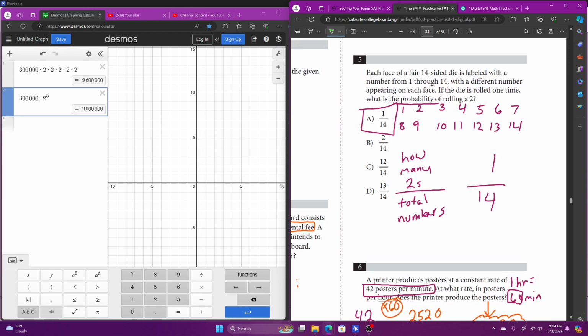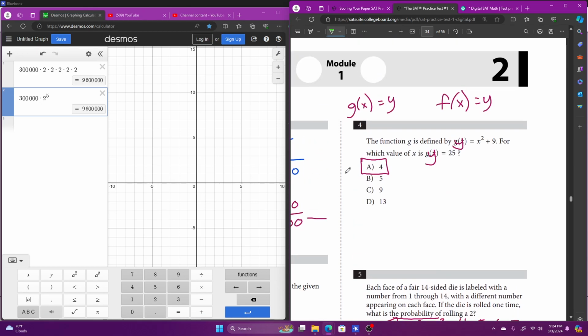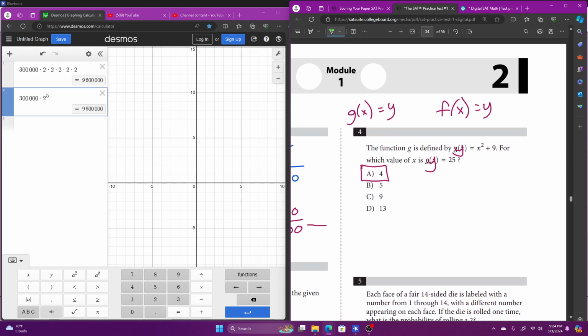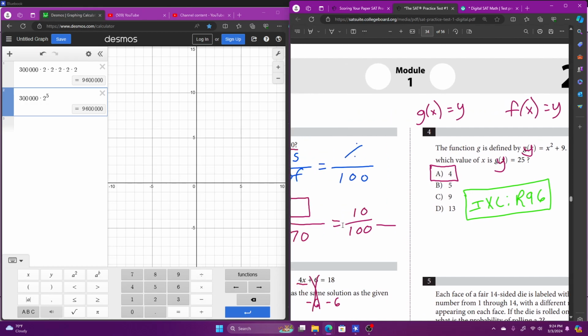Question 5 on IXL, I choose lesson ZZB. Question 4 in IXL, I choose lesson R96 again. And if you look on IXL, they actually have test prep recommendations.